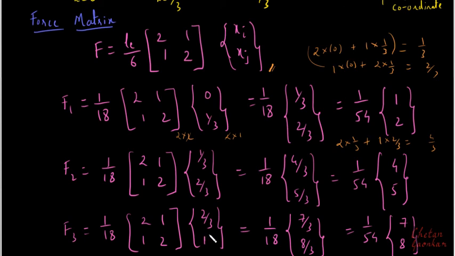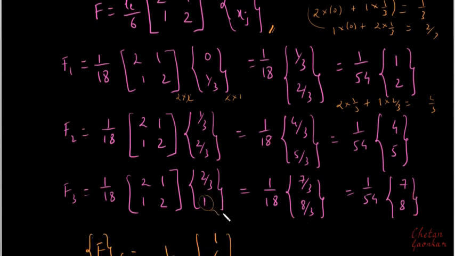This 1 I can also write as 3 by 3, just for the multiplication purpose. And then if I multiply this with this, I will get 7 by 3, and if I multiply this with this, I will get 8 by 3. And then further if I remove this 1 by 3 out, I will get 1 by 54, and what will remain inside is 7 and 8.